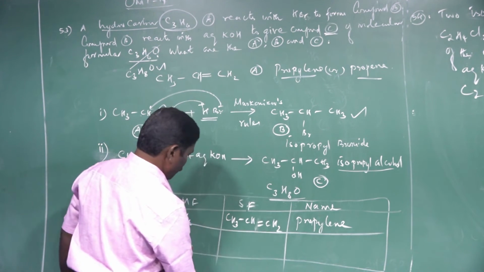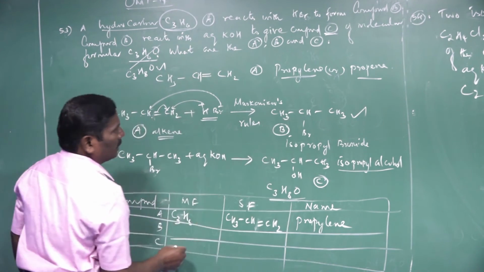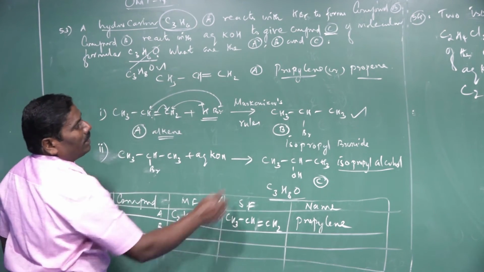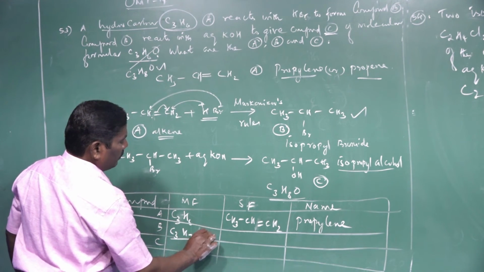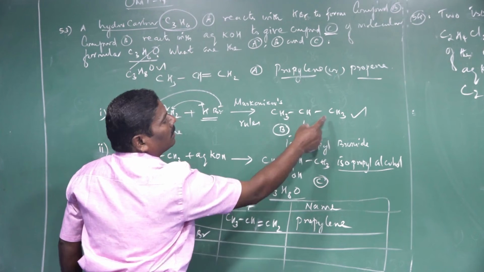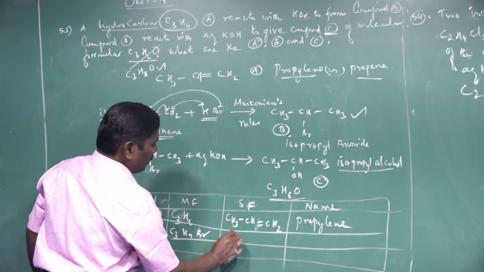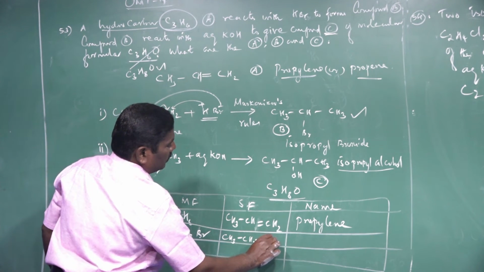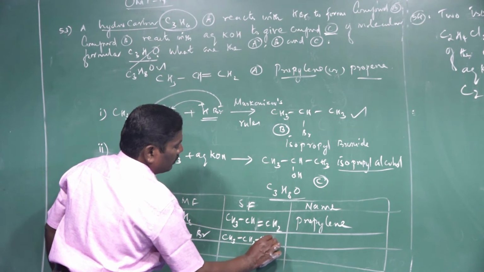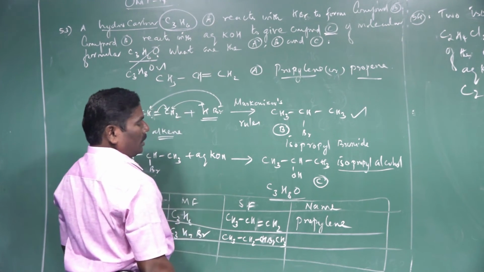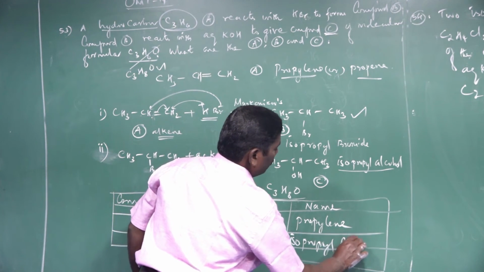Compound B: C3H7Br, structural formula CH3CHBrCH3, name isopropyl bromide.